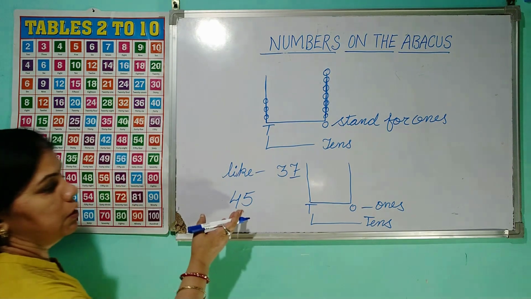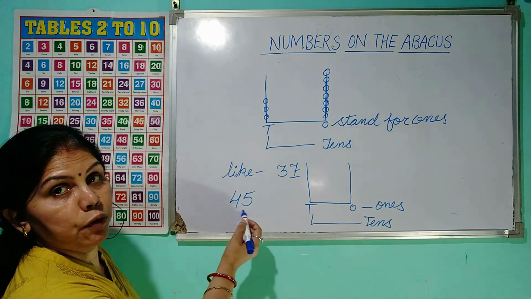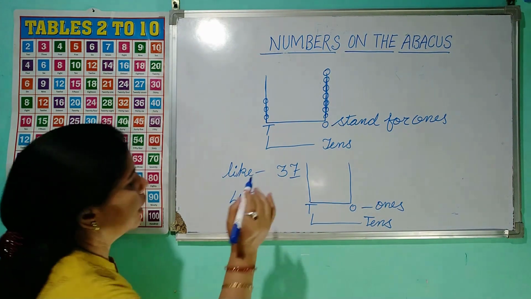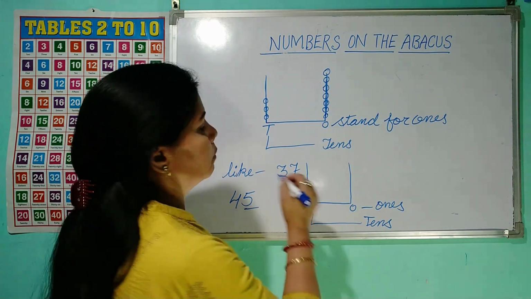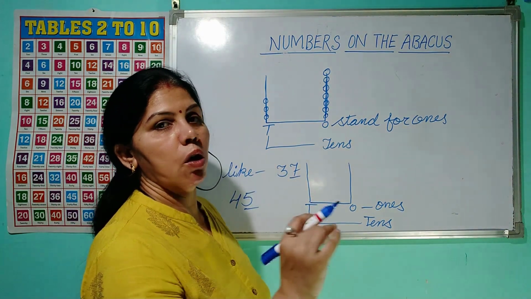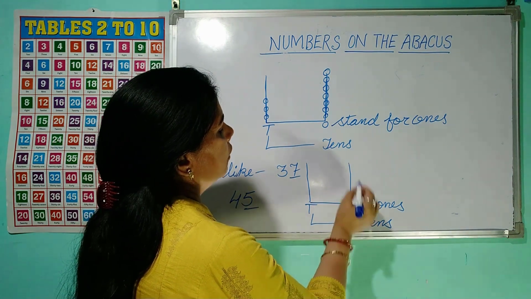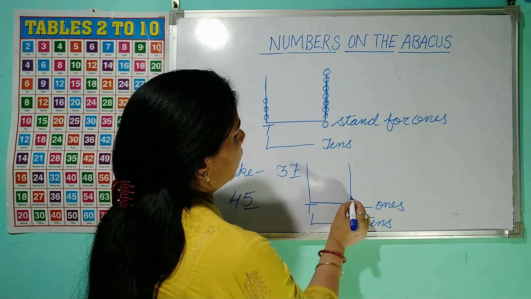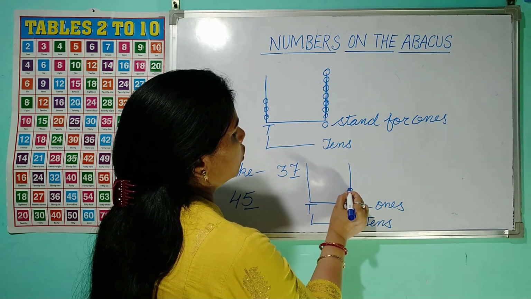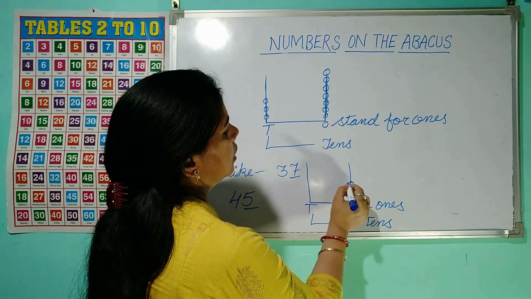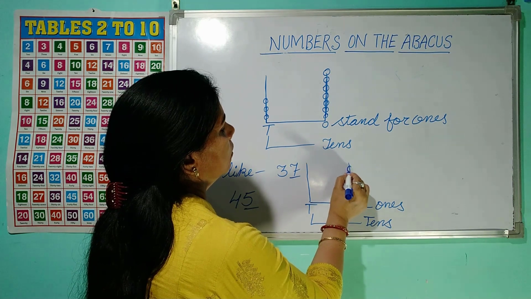Now look in this number. In 45, 5 is on ones place. So we draw 5 beads in one spike. 1, 2, 3, 4, 5.